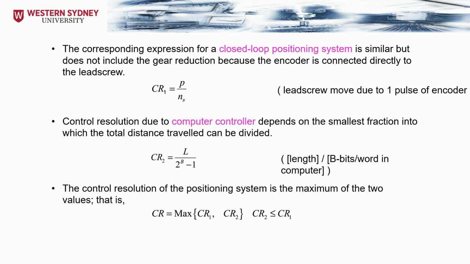The control resolution of the positioning system is going to be the maximum of the two values, CR1 or CR2, where CR2 should be less than or equal to CR1.